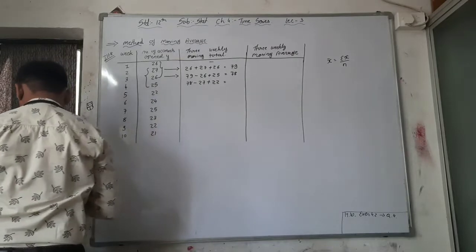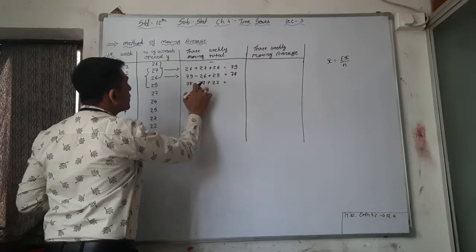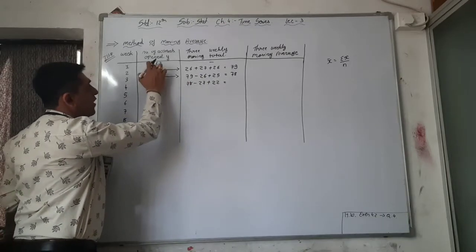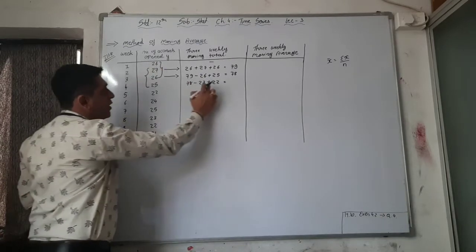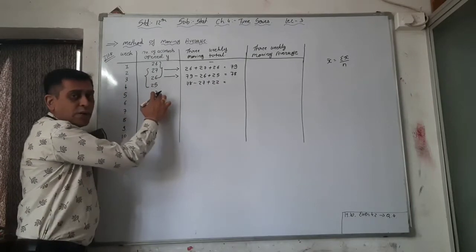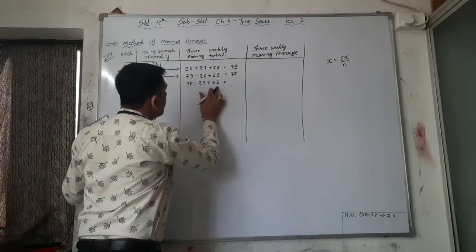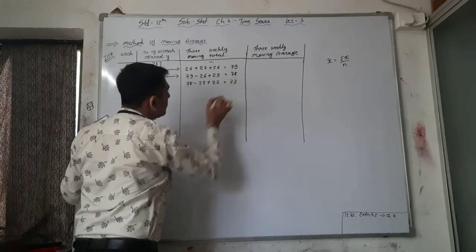So 78 we write first as the total, then subtract the next value, that is after 26, that is 27, and add the next value after 25, that is 22. So the answer is 73.